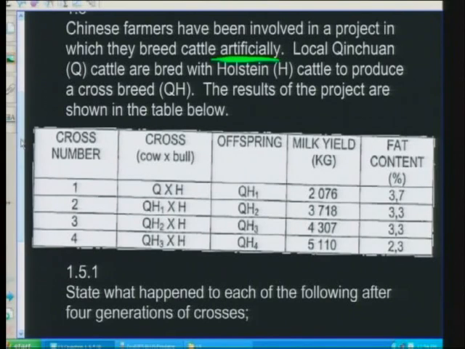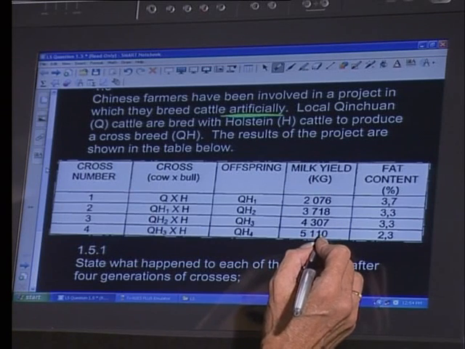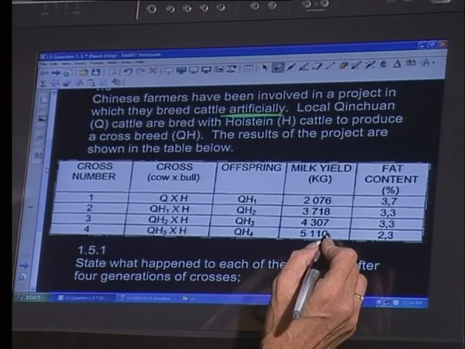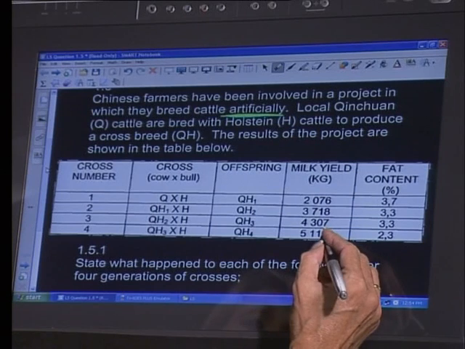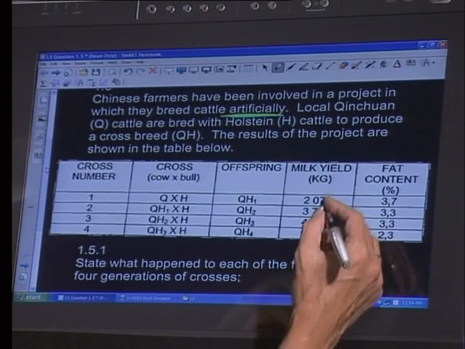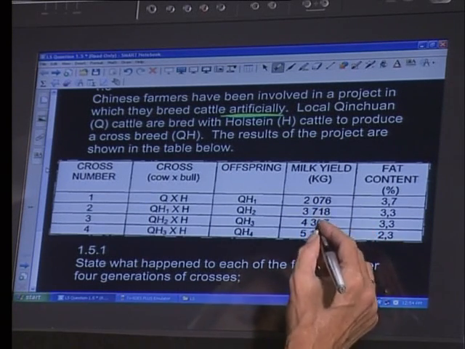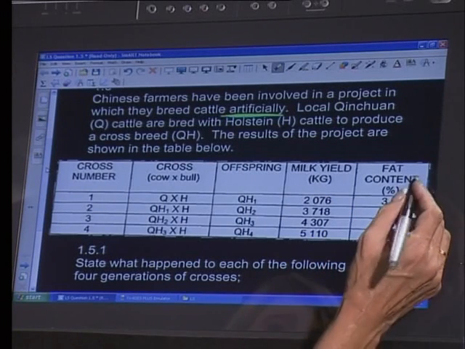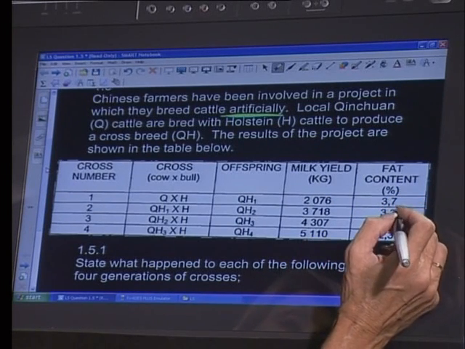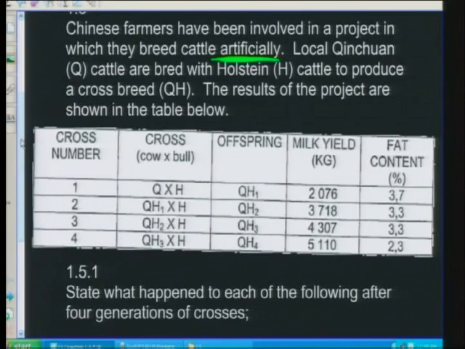We have the milk yield in kilograms. Look at how this milk just goes on. So by the time we get to the Quinchuan Holstein 4 group, we've got a milk yield of 5,110 kilograms of milk. People, that is like 2.5 times more than we started out with. The fat content in that milk is going to be less and less.